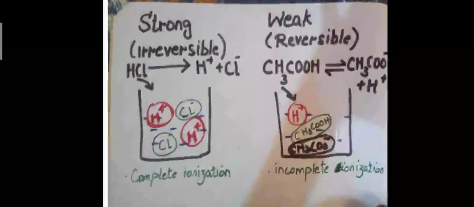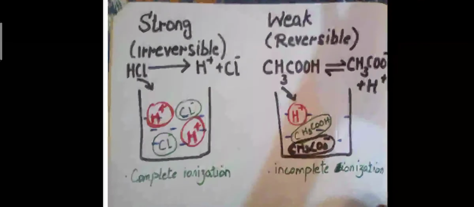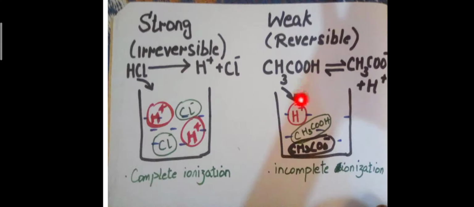HCl is a strong acid. When it dissolves in water, it completely dissociates and gives H+ ions and Cl- ions. While acetic acid is a weak acid, it shows incomplete ionization and gives a small amount of H+ ions.